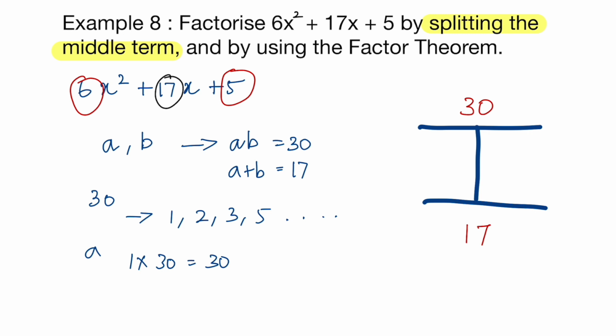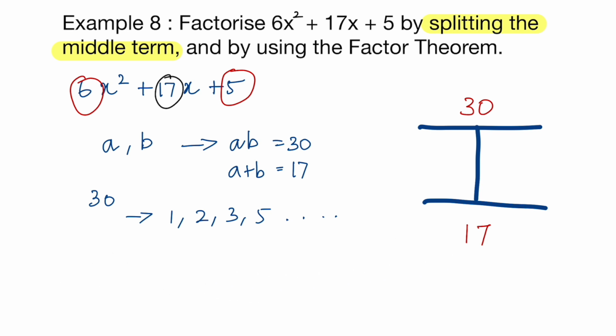If a were to be 1, b should be 30. In that case, if you sum a and b, that is 30 plus 1, it gives you 31, which is not 17. So this is not the right number, and you can eliminate that.